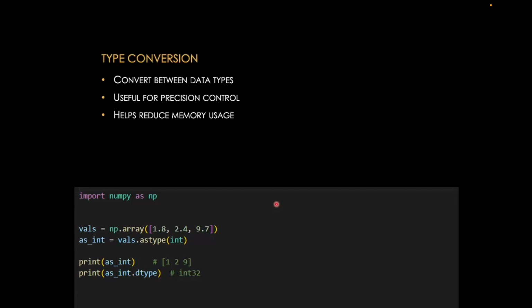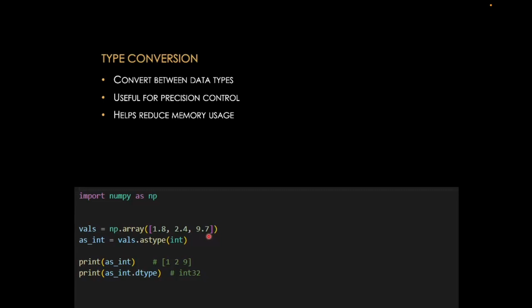Sometimes it is required to convert one data type into another data type. We can use the astype function for it. Vals array is defined as an array of floating points 1.8, 2.4, 9.7, and floating point takes more memory space.